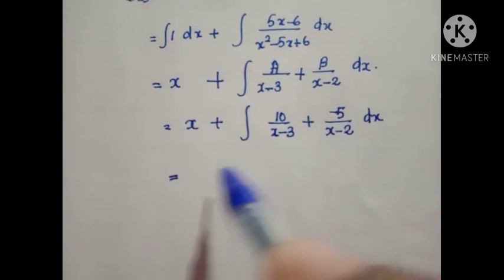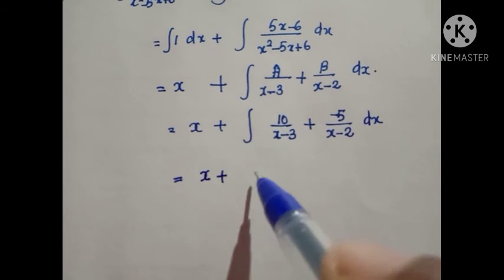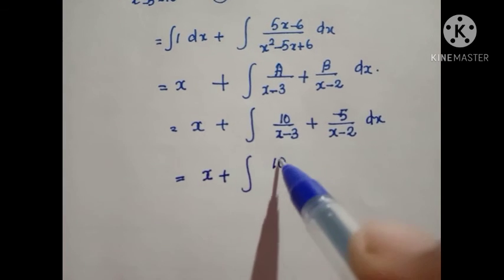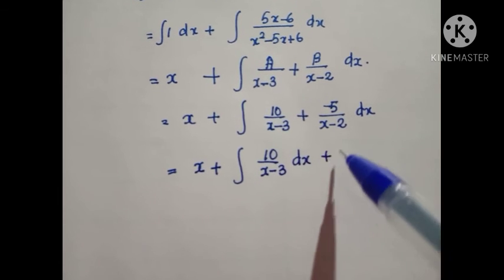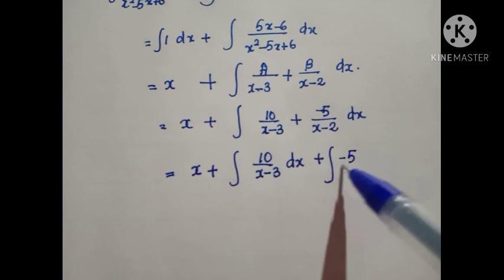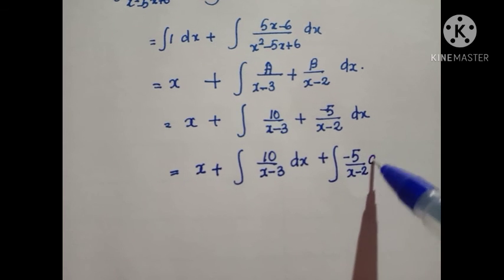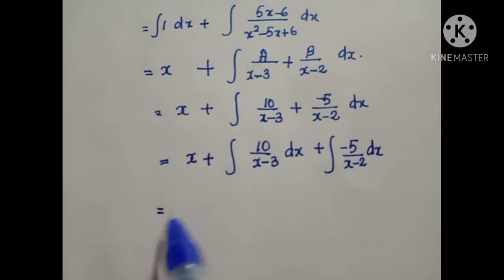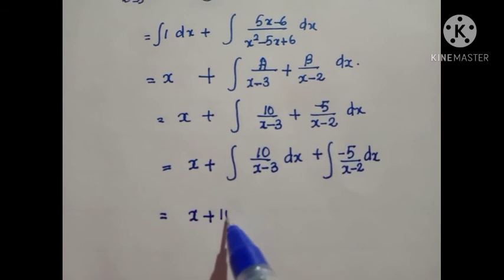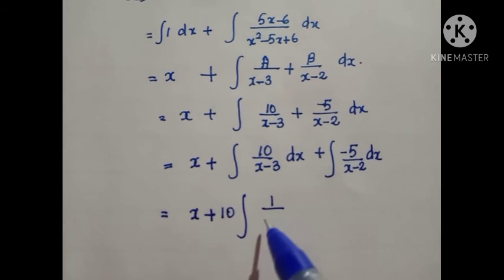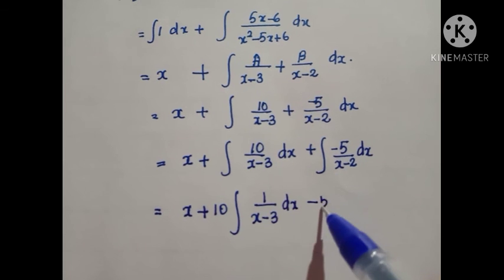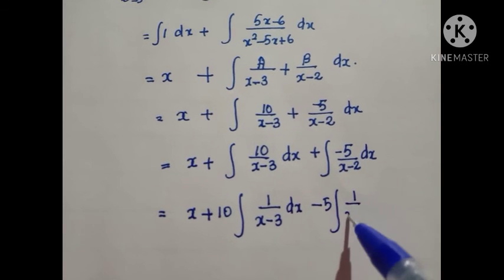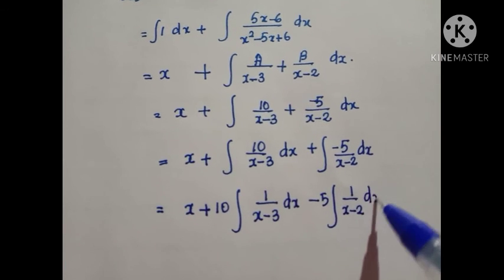Again split these into two. So this is x + ∫10/(x − 3) dx + ∫−5/(x − 2) dx. And this is x + 10∫1/(x − 3) dx − 5∫1/(x − 2) dx.